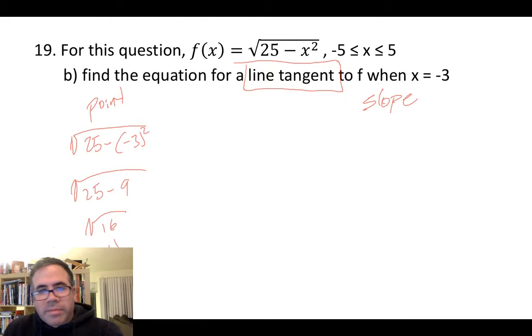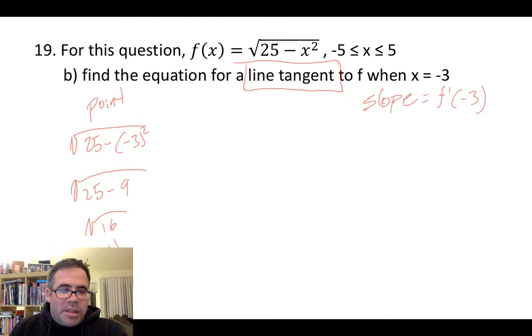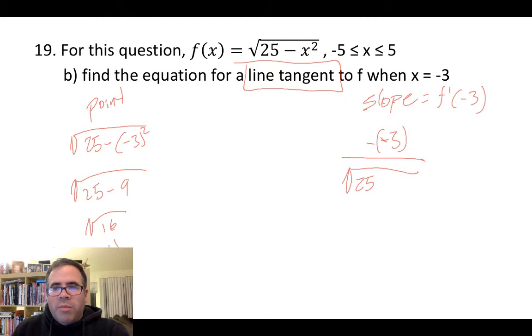All right. Now we will go at our slope. Now if you turn back, the slope is just equal to the derivative at negative 3. If you turn back to the other side, we already found the derivative. So this just means we have negative 3 over the square root of 25 minus negative 3 squared. Now, again, we can reuse our work.